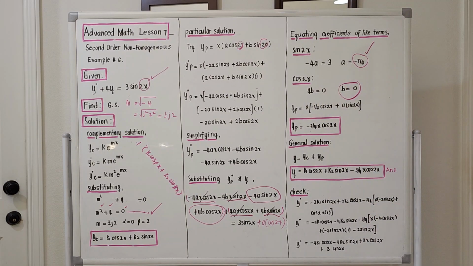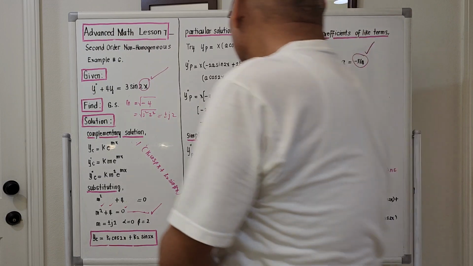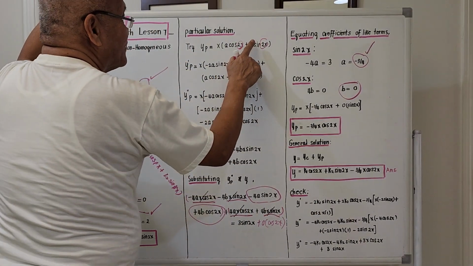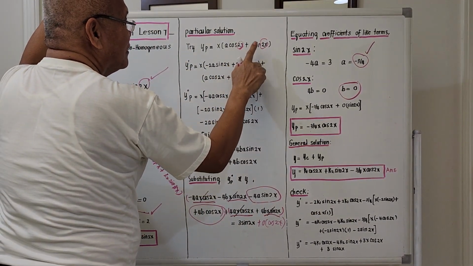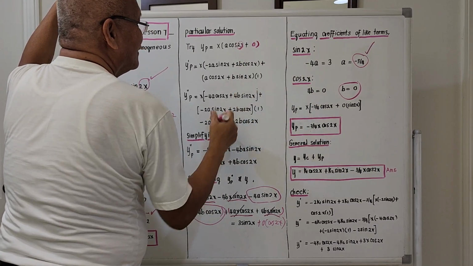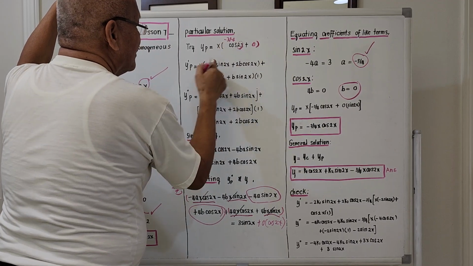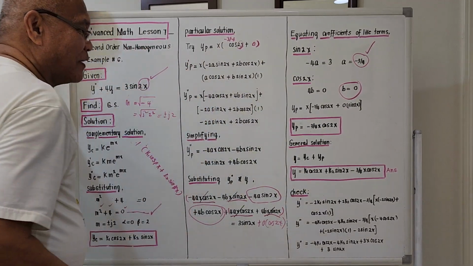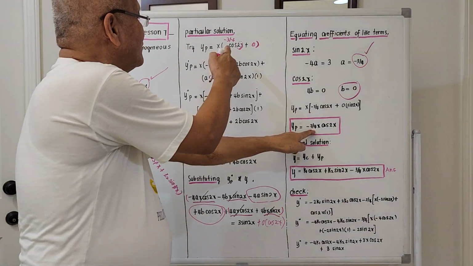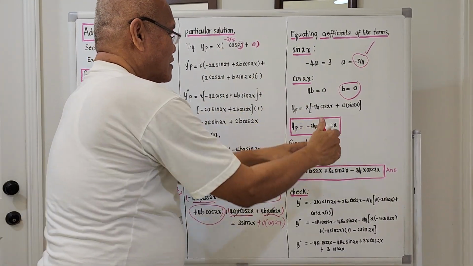Okay? So to bring up now the particular solution, we will follow this. This b here is 0, so this will become 0, right? And this is negative 3/4. So the particular solution now will be equal to negative 3/4 x cosine of 2x.